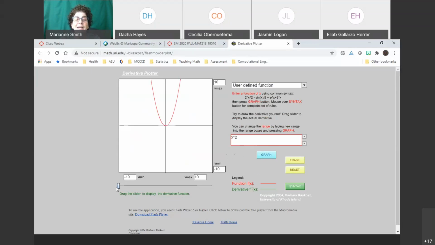And let me drag. If you take a look, I'm going to drag my slider across. And you can see I start out with a negative slope, negative slope, negative slope, 0 slope, positive slope, positive slope, positive slope. So look what happens. Right at that vertex, there's my horizontal tangent, positive slope, positive slope.